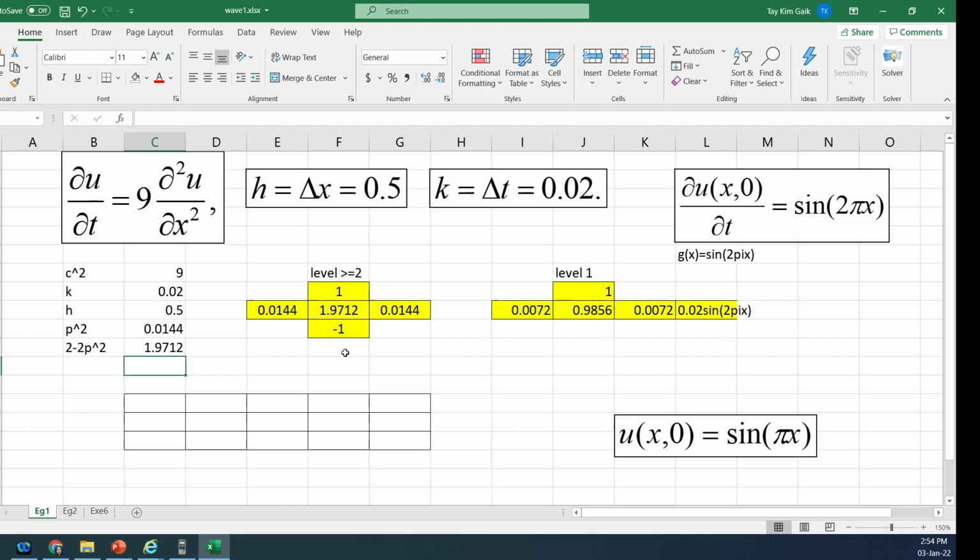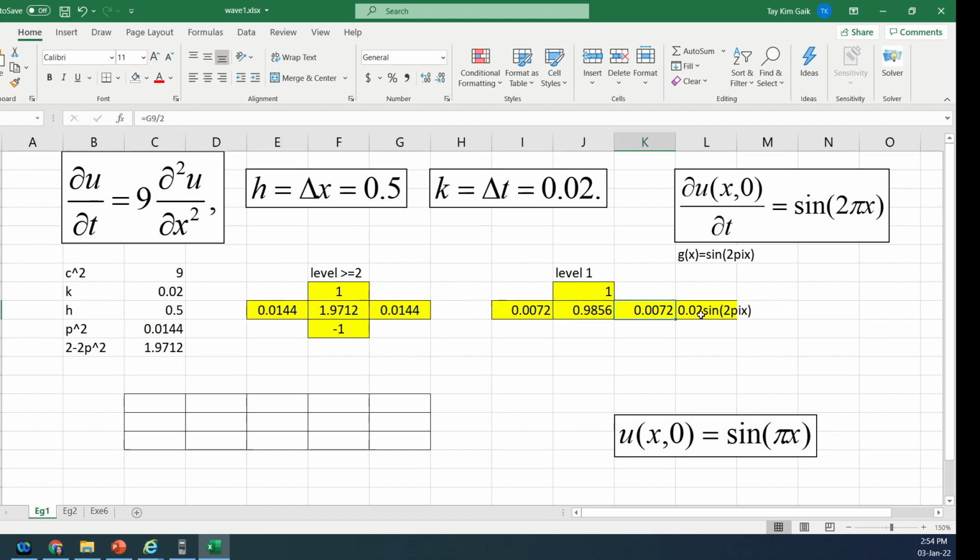The center bottom molecule coefficient is negative 1. To use this three level scheme, you need the level 1 information before you can calculate level 2. Level 1 is only half of your coefficient in the middle level from the three level scheme.